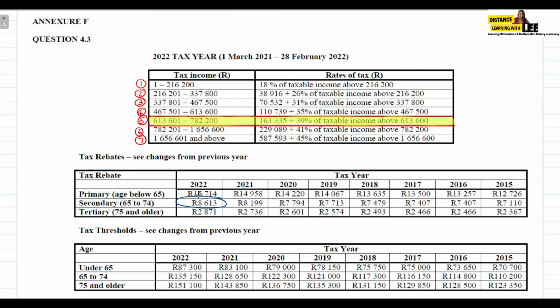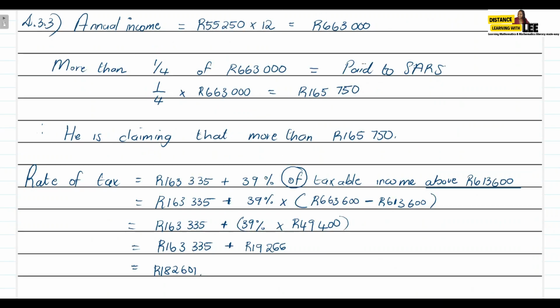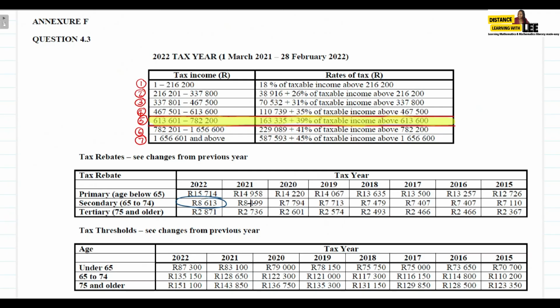natural persons. So in other words, the total tax that he's going to pay, we need to subtract the rebates, don't forget to do that. Therefore the total tax paid in the year 2022 is equal to, remember, we got that 182,601 minus, I mentioned that we need to subtract that 8,613 because the taxpayer is 72 years and 72 years is on that second row.